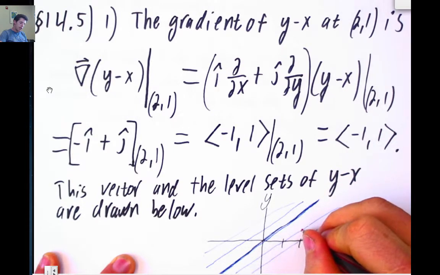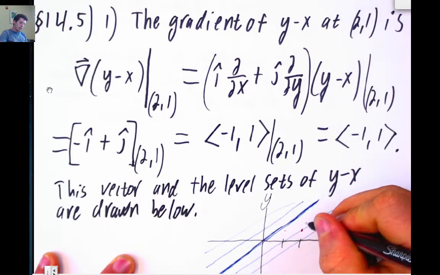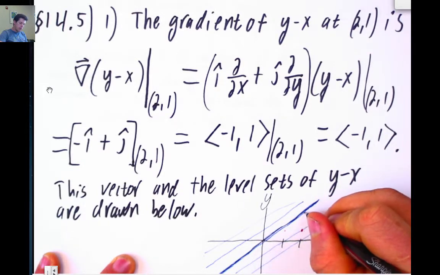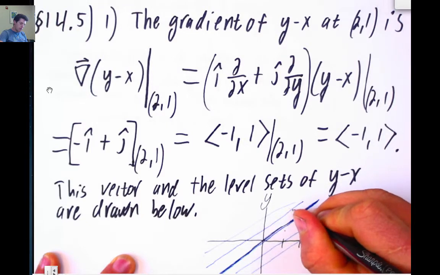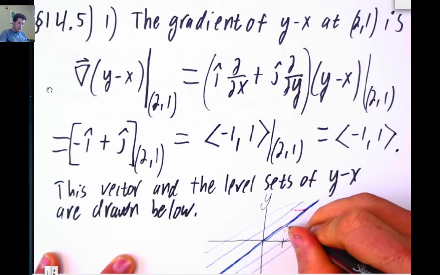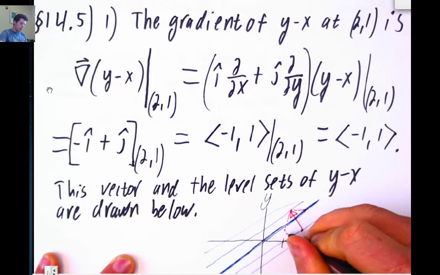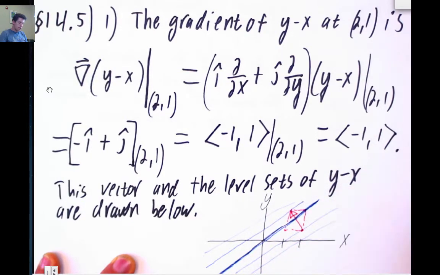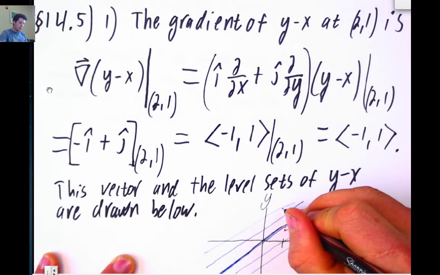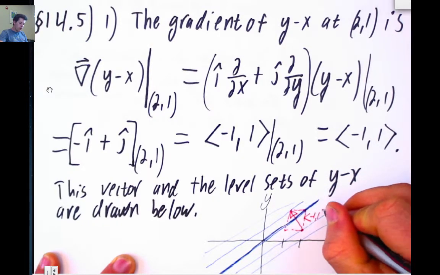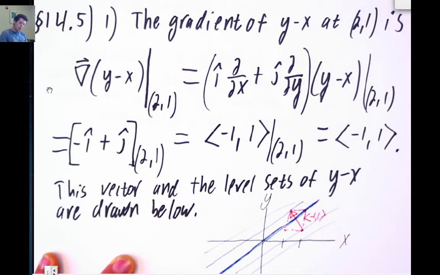So -1 in that direction, and then up 1, and that would all come together and give me this vector. Okay, so that right there is the vector (-1, 1).